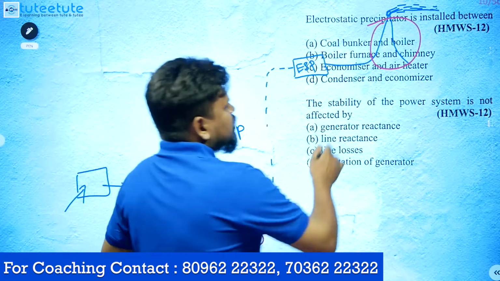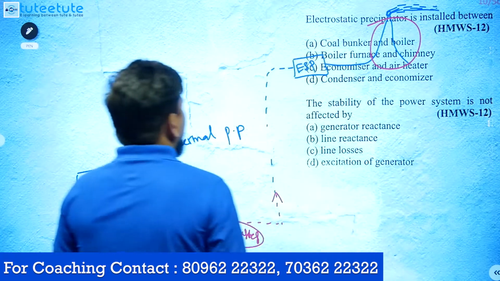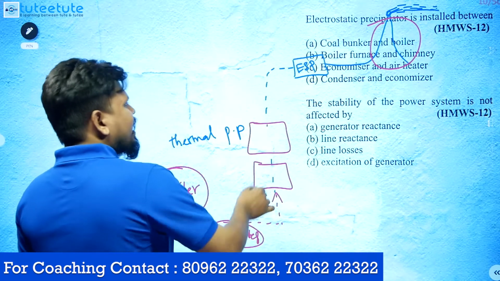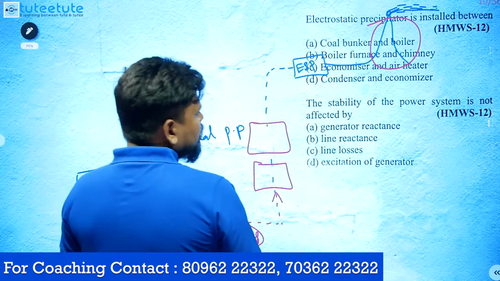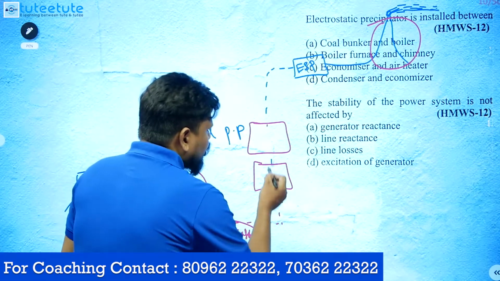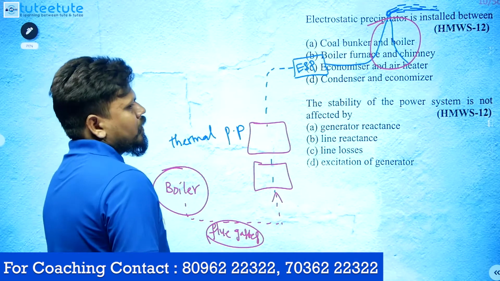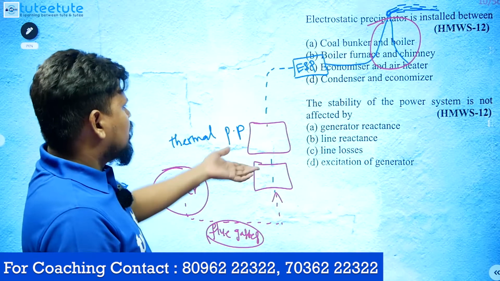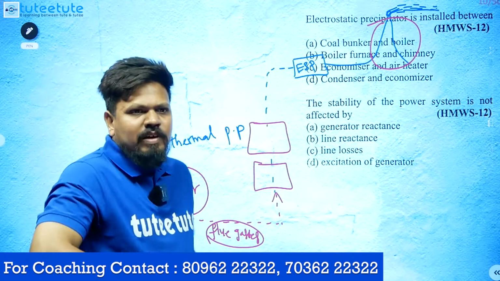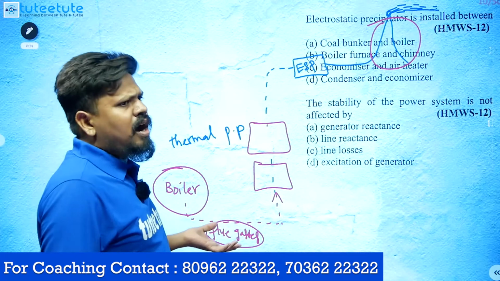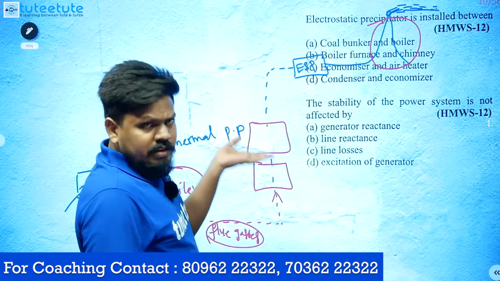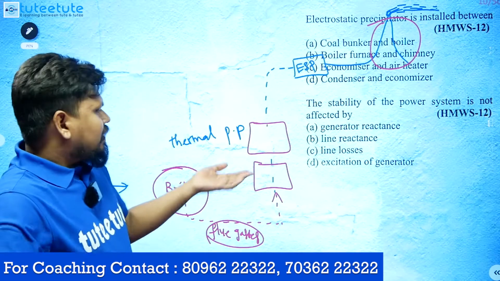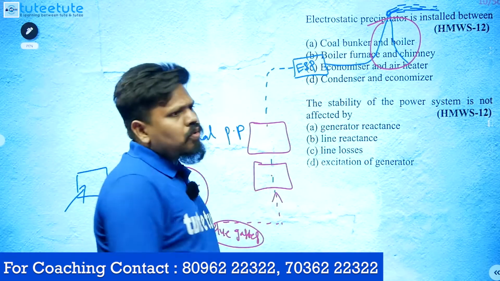Understanding, right? See the other options, economizer and air heater. Economizer will be here and air preheater will be here. So we are not giving anything in between these. These flue gases will go through this economizer and air preheater, because they will improve the heat. These flue gases are very hot gases; they will maintain the steam temperature, the air temperature, and the hot water temperature also.